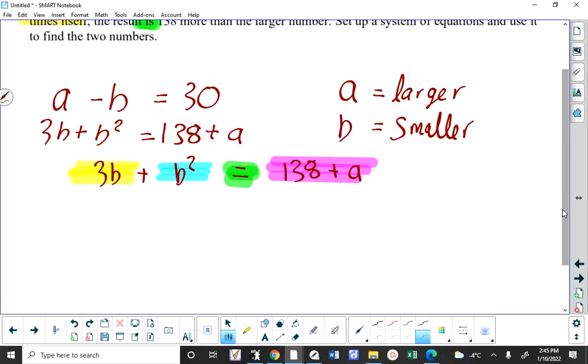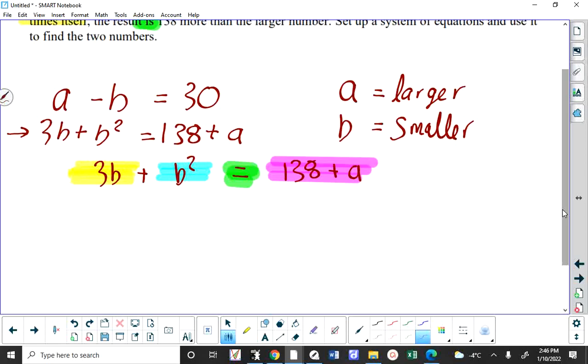Now I'm going to ask you an important question. You have to rearrange these for a variable so you can put them into your graphing calculator, right? You need to rearrange for y. What are you going to rearrange for? Are you going to rearrange for b or are you going to rearrange for a? A. Because you can't rearrange this equation for b, can you? Our quadratic equations are always y equals, and then there's x squared and x.